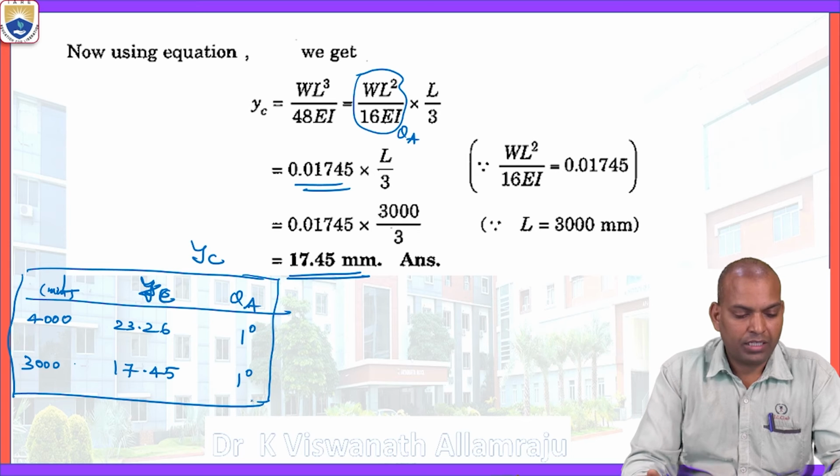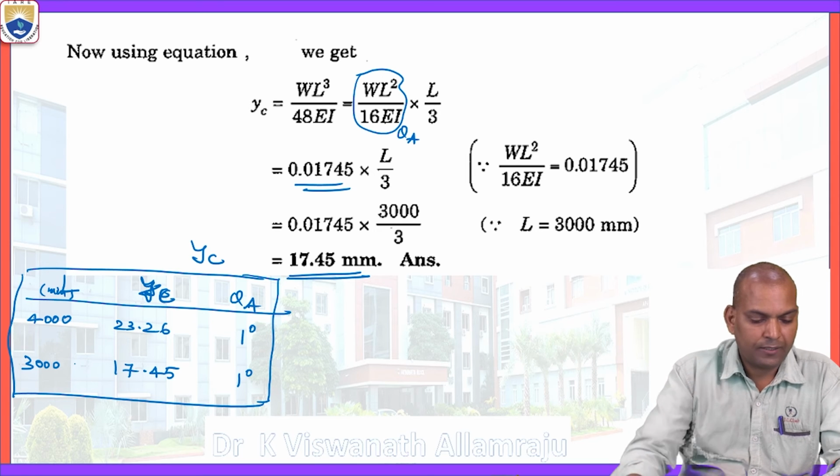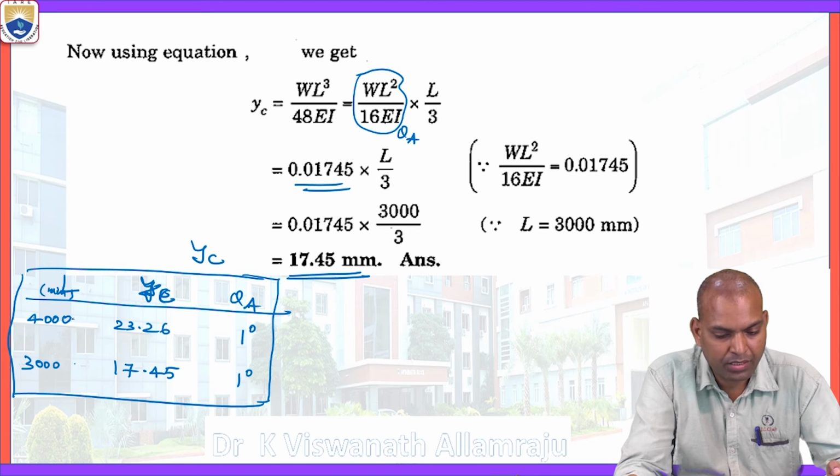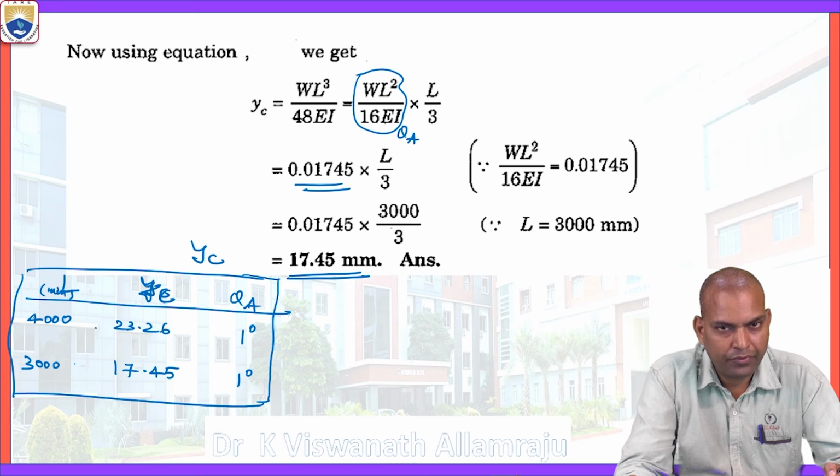So we can understand from these two cases that the deflection is maximum for the maximum span between two supports; it is proportional to L.